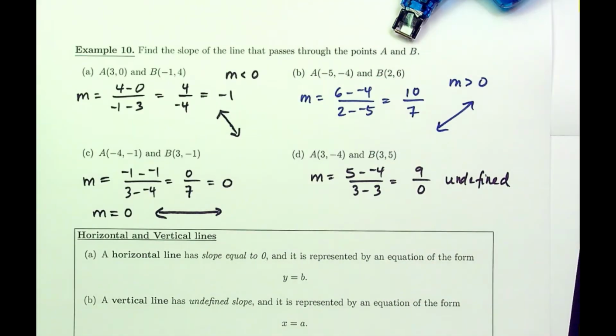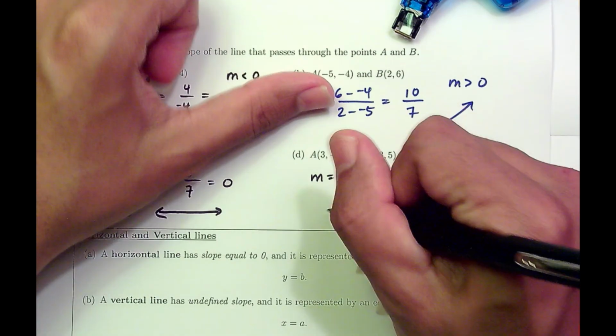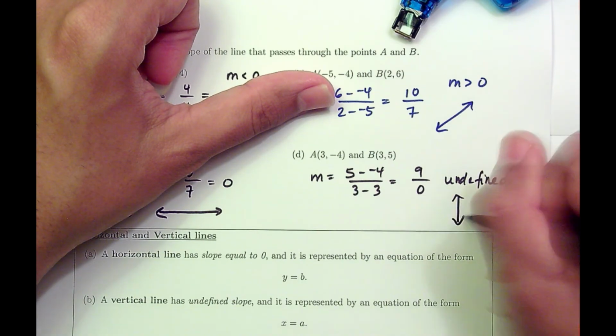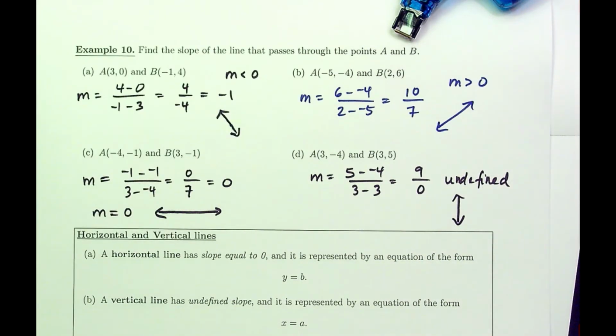So the slope is undefined. That would be the case for a vertical line. When the slope is undefined, that means the line is vertical. We cannot associate a steepness to that kind of line, because it is infinitely steep. It's perfectly vertical.